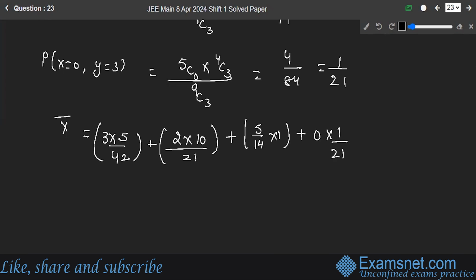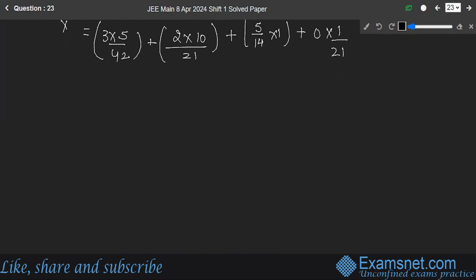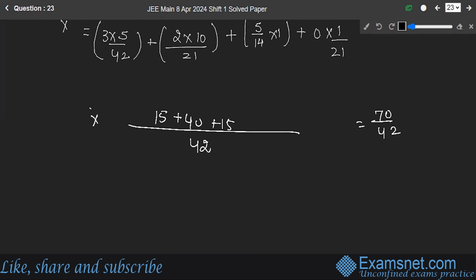Okay, so let's take the LCM, 42. This will give me 15, and this will be 40 and 15. So this is x bar. 7x bar will be equal to 7 times this, or 70 upon 6.